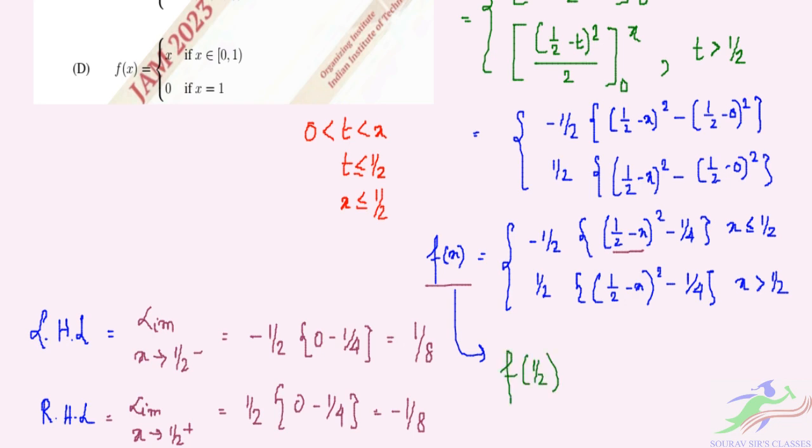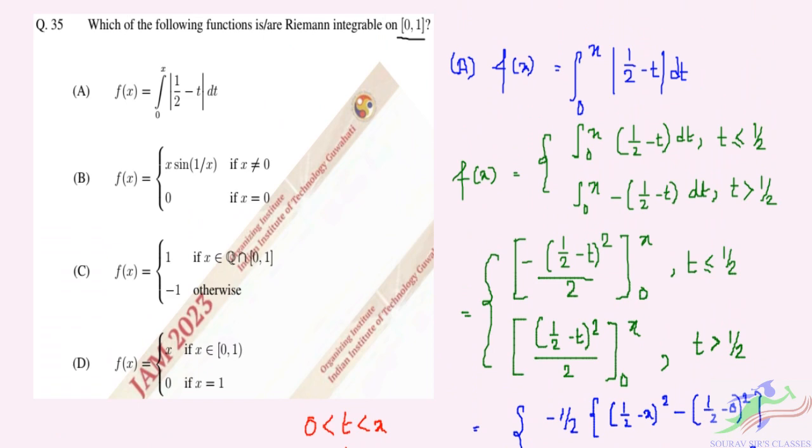If you solve it, it will be 1/8. So though the left hand limit is equal to f at half, it is not equal to the right hand limit. So this function f(x) has a discontinuity at half, and since this is a finite discontinuity, and there is only one discontinuity at half, this A is Riemann integrable, right?